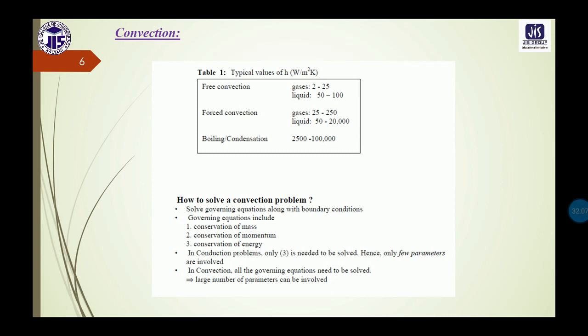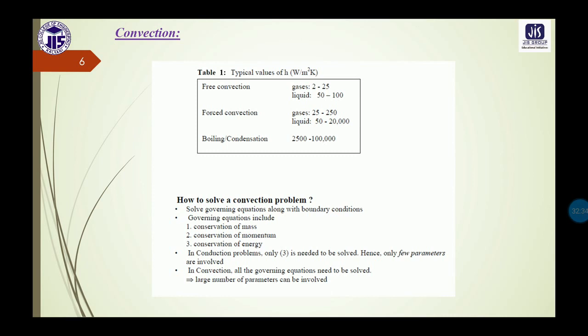In forced convection, for gases h lies within 25 to 250, and for liquid it is 50 to 20,000. For boiling or condensation, it lies within 2500 to 1 lakh.